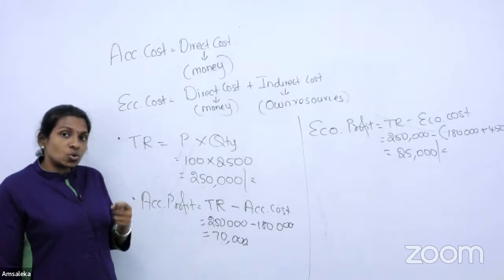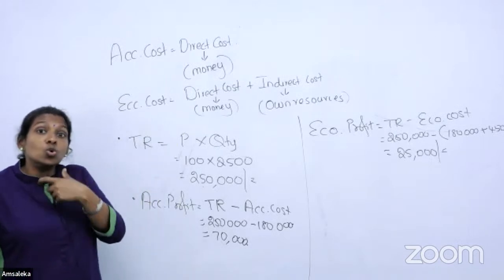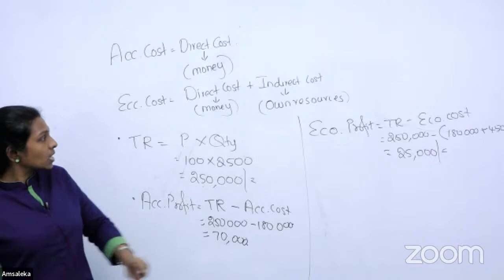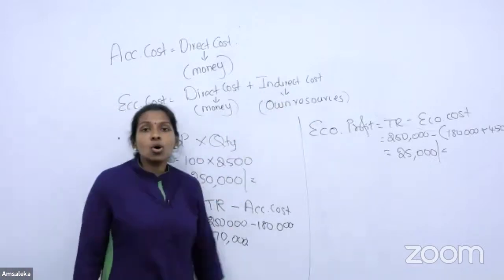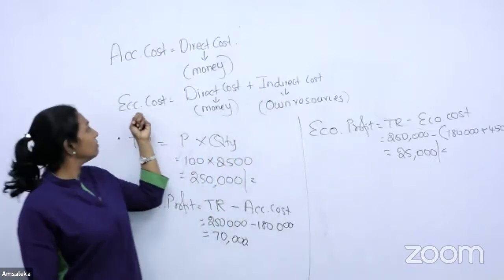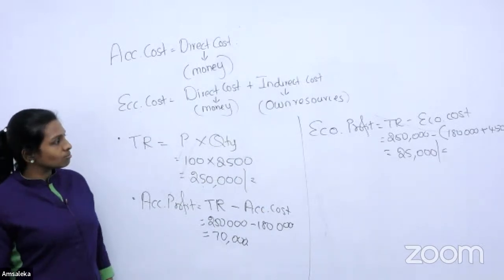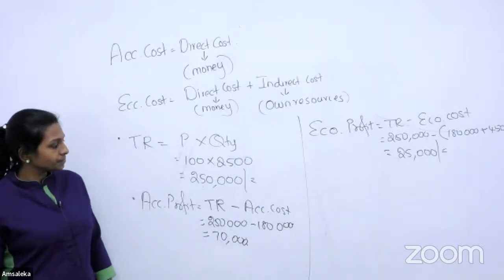Forgone from your own resources, sacrificed, lost: that is all about the indirect cost from your own resources. Together these will be economic cost. So that part is also over.